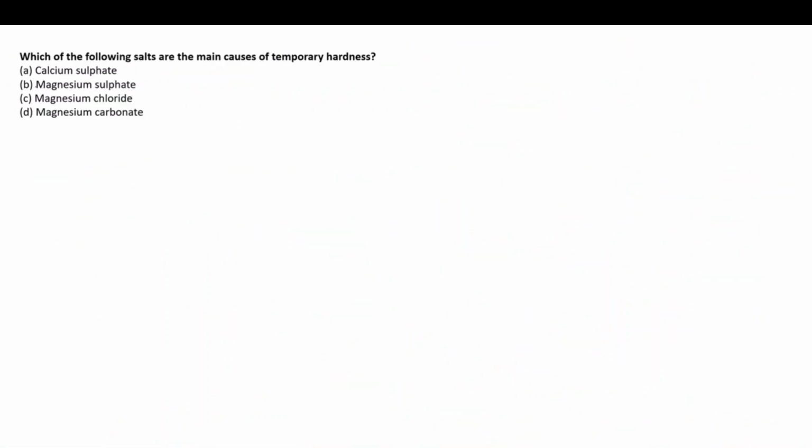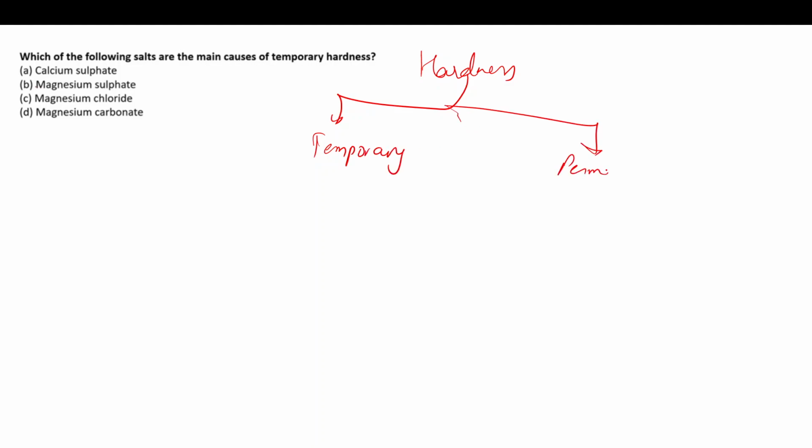Which of the following salts are the main causes of temporary hardness? So temporary hardness and permanent hardness, right? So hardness can be divided into two: temporary and permanent.